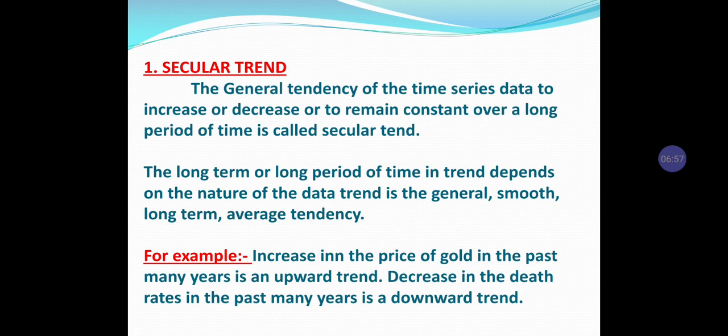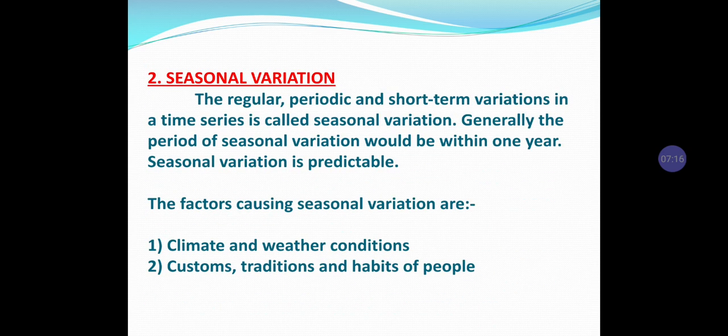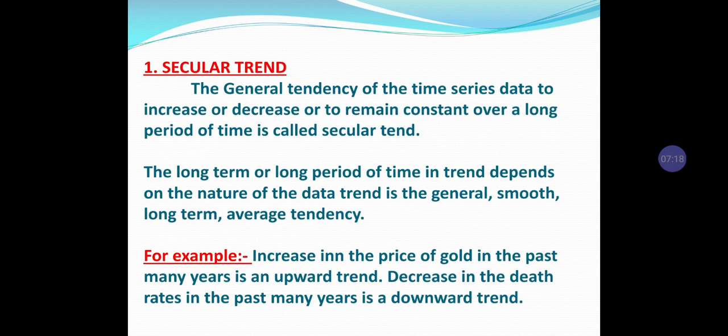The general tendency of the time series data to increase, decrease, or remain constant over a long period of time is called secular trend. Yeah, this is a secular trend.